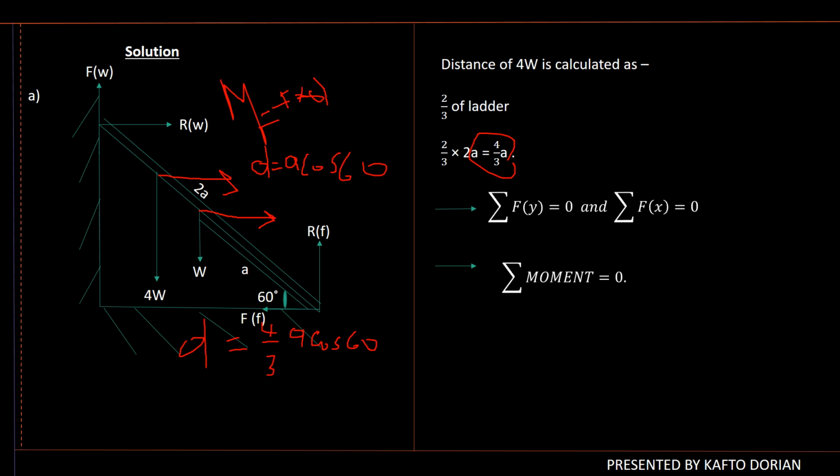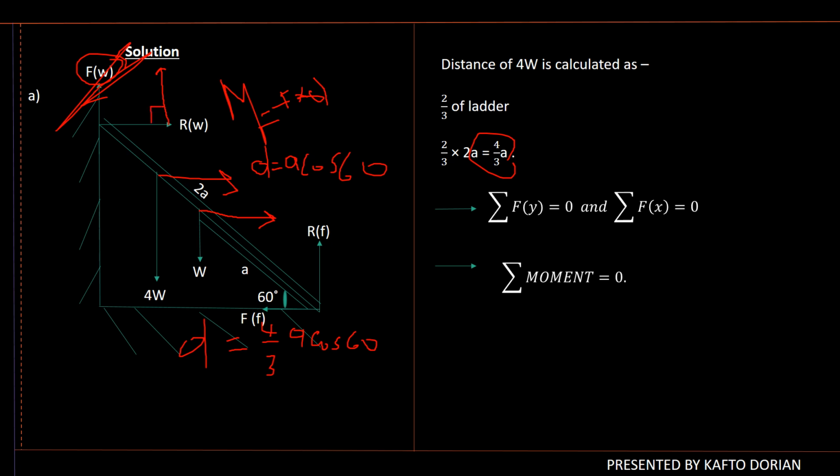Now for the anti-clockwise moment, you realize that this is my anti-clockwise moment. Why am I not using the frictional force of the wall here? It's because the frictional force of the wall is 0 since it is smooth. So I'll not take note of this part, I'll just take note of the normal reaction force of the wall. You realize that the force here is acting horizontally, so we need a vertical perpendicular distance.